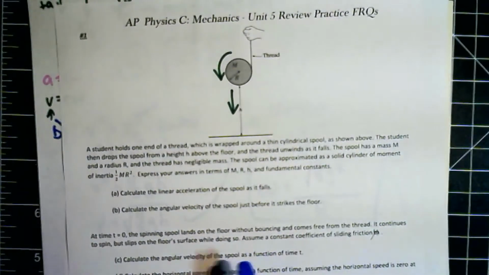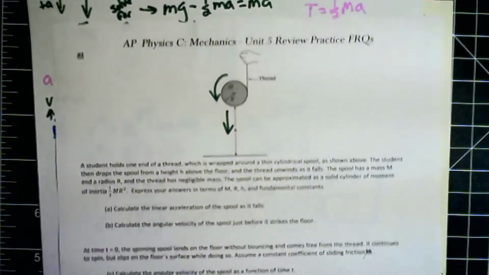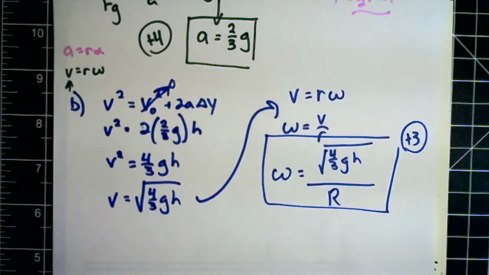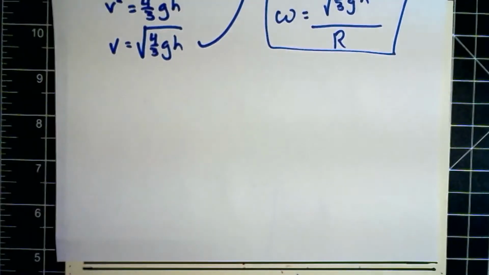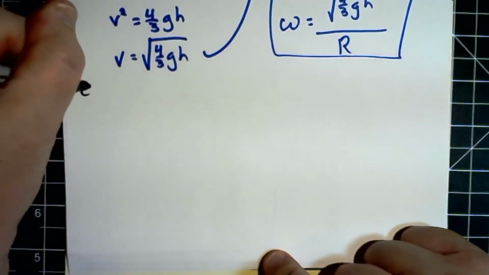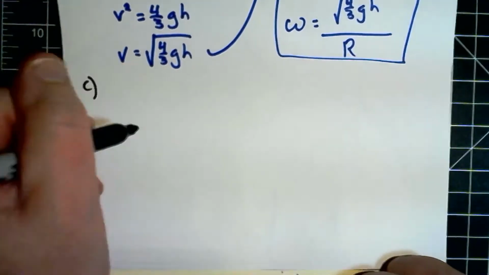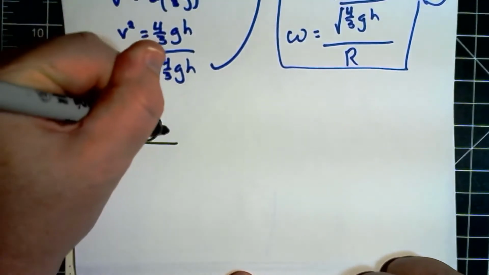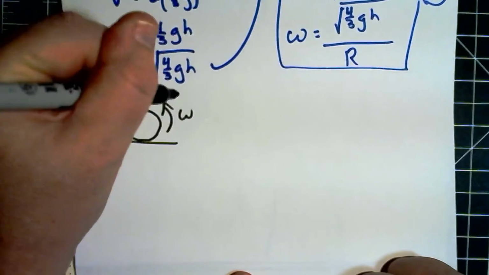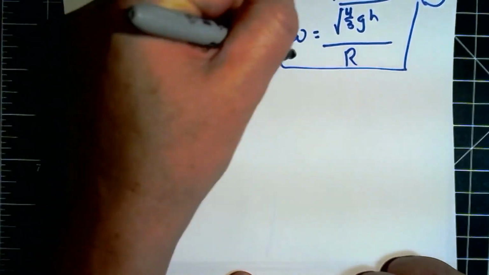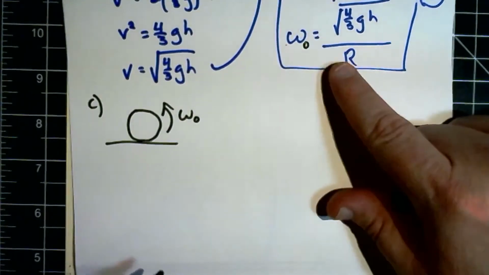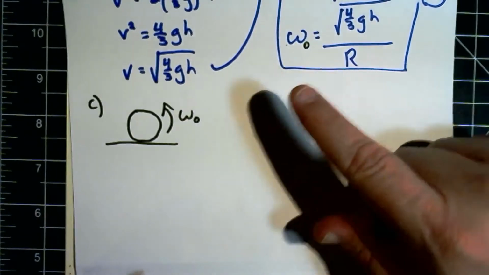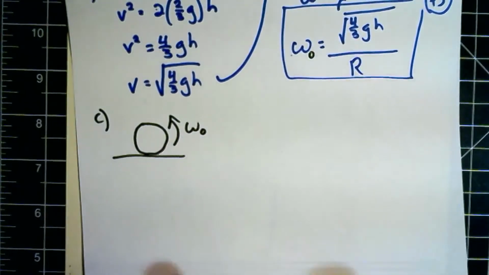We want to calculate the angular velocity of the spool as a function of time. So how do we do this? Well, at the time that it hits the ground, we've got an object that is rotating with an angular speed omega. That's the initial speed that we found whenever it hits the ground, so that's the same expression.